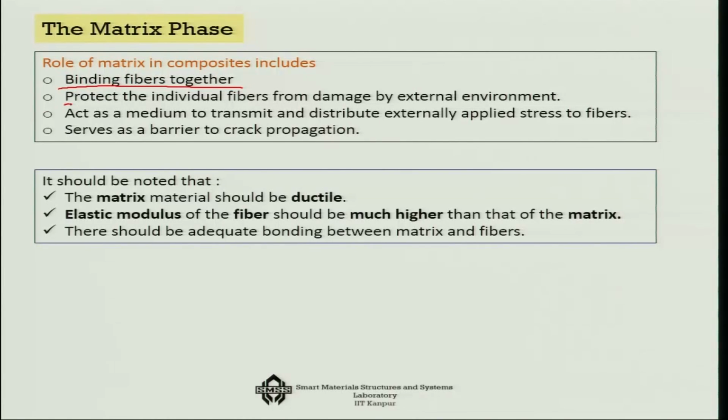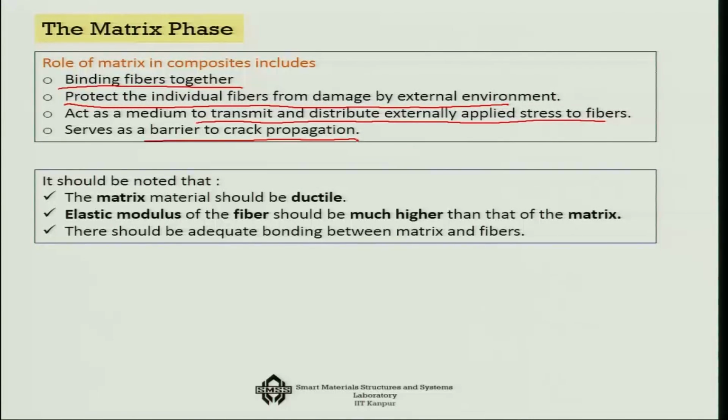Also it protects the individual fibers from damage by the external environment, and it acts as a medium to transmit and distribute externally applied stresses to the fibers, and it serves as a barrier to crack propagation. So it has a lot of roles. The matrix not only helps the fibers, but it itself works as a barrier to crack propagation.